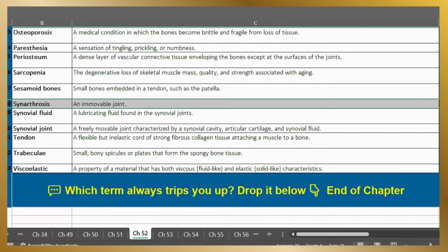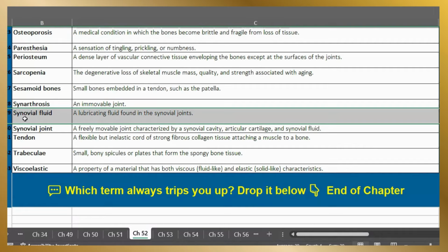Synarthrosis, it's an immovable joint. So like skull sutures. Syn means together, no movement.